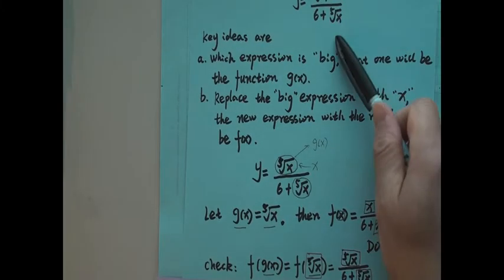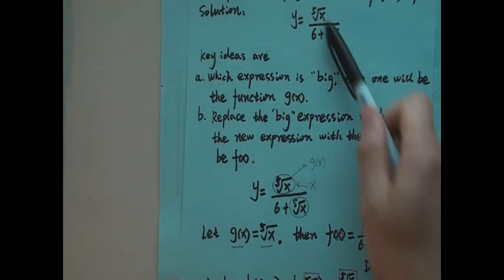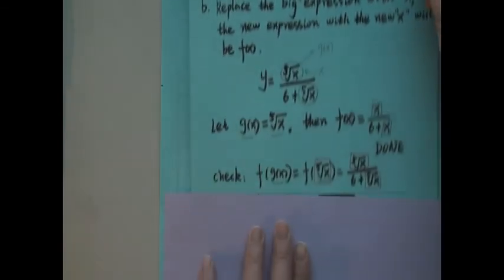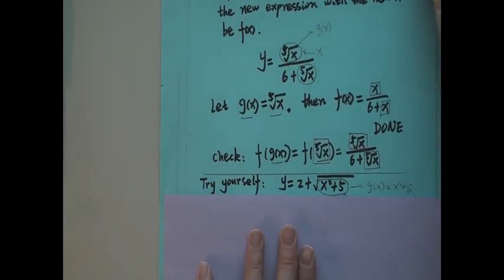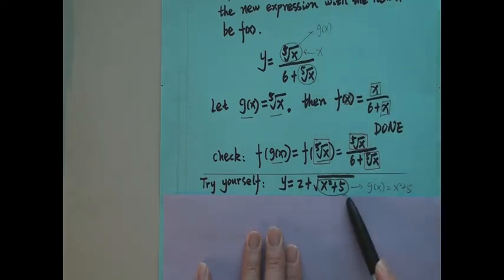Now, this is the one I did for this example right here, and then you may try another one yourself. You see, if I were you, I would do, what is the composition of this one? You see, the big one, x squared plus 5, that's the big one.